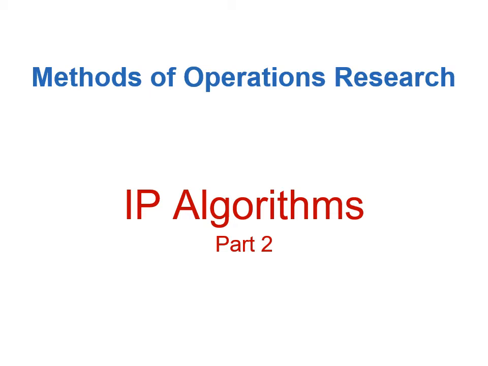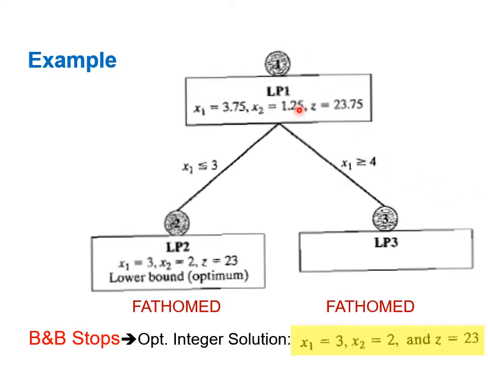In our previous lecture we solved one example, and let me show you the final solution of that example. We started our solution with the root node of the branch and bound tree.